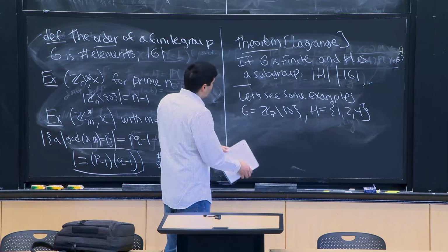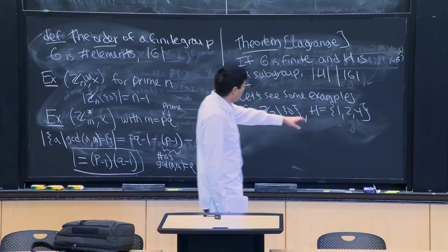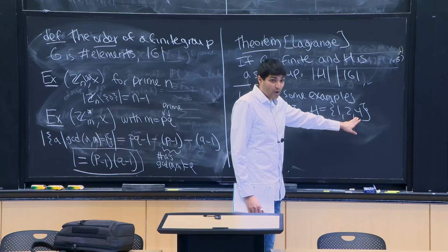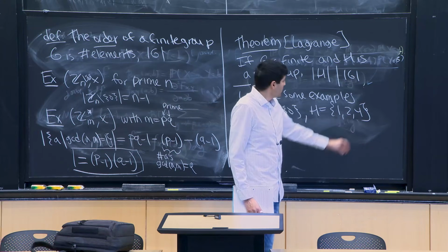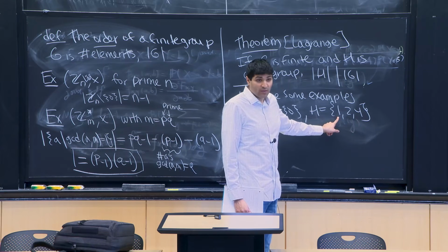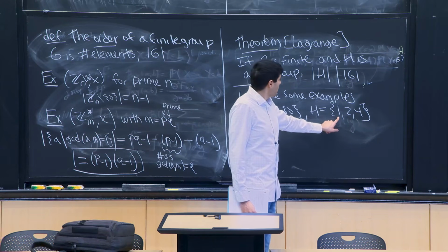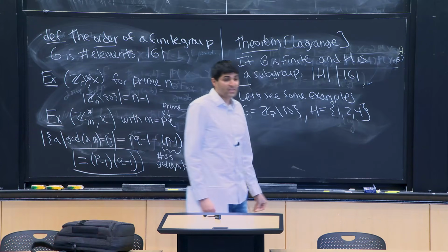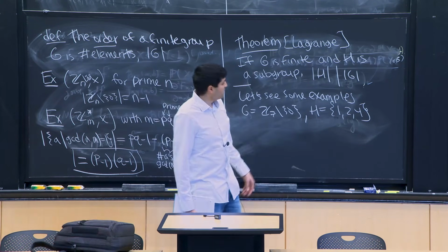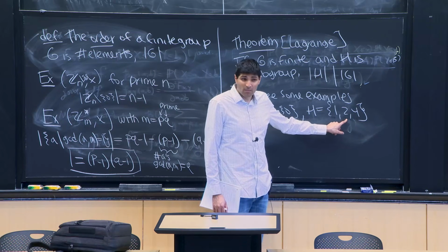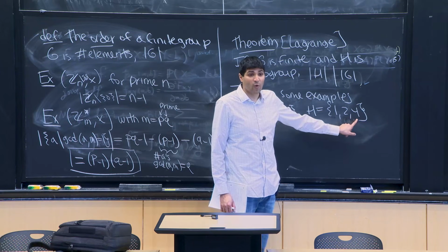You can check that when I take any two of these elements, 1 times 2, 1 times 4, I go back within the subgroup. And 2 times 4, I go back to the subgroup because it gives me 1. You can check that every element has a multiplicative inverse, because in fact the multiplicative inverse of 4 is 2, and similarly the multiplicative inverse of 2 is 4.